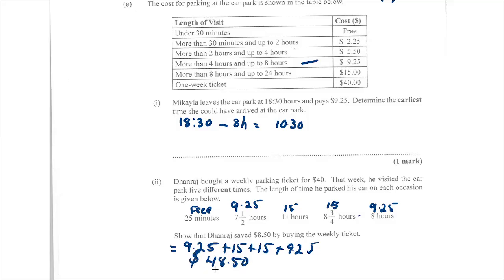That is how much he would have spent if he was paying each day, right? But he bought a ticket for $40. So the amount saved is 48.50 subtract $40, which is in fact $8.50. So this is how he would have saved $8.50. Do we all understand this?